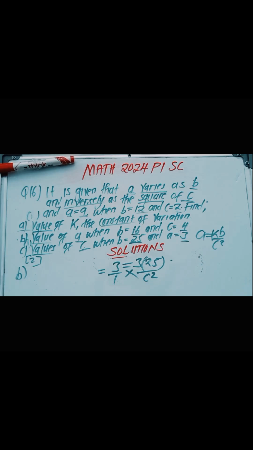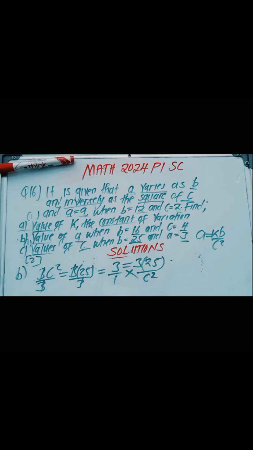So when we multiply, what we are going to have is something like this. 3 times C squared, we are going to have 3C squared, which equals 3 times 25. Okay, 325. That is our expression. And then since we are finding the value of C, we are going to divide both sides by this 3. So we cancel this one and we cancel this one.